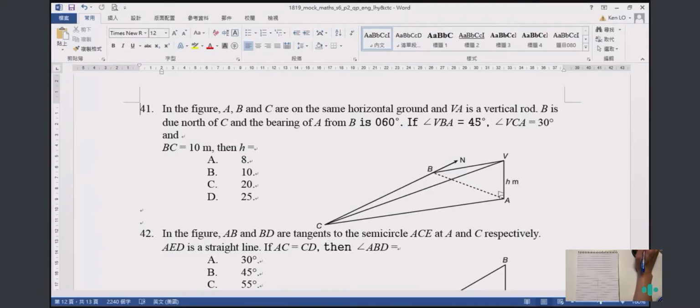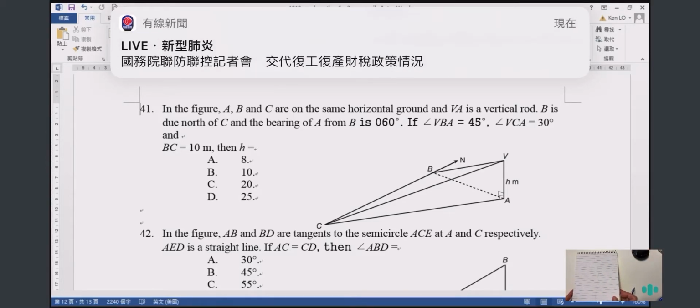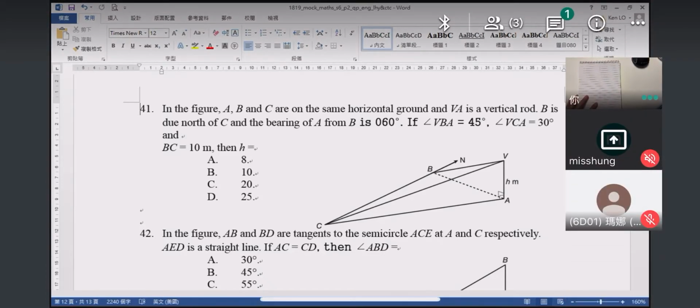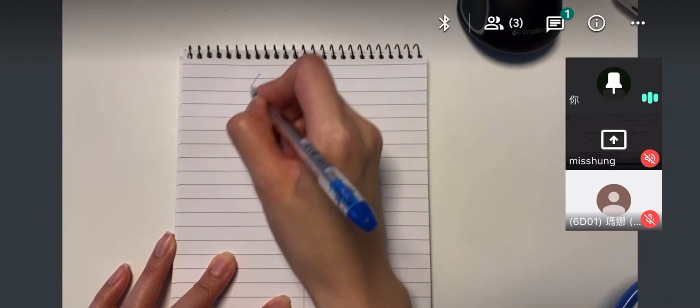And then if VBA equals 45 degrees, and I will show you on my drawing, and then VCA equals 30, and then what will be the H? Okay, so let's take a look at what I need to draw it out. First of all, you draw the figure like that.